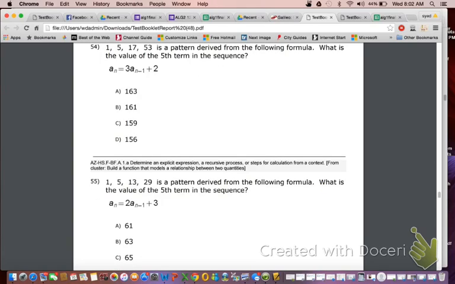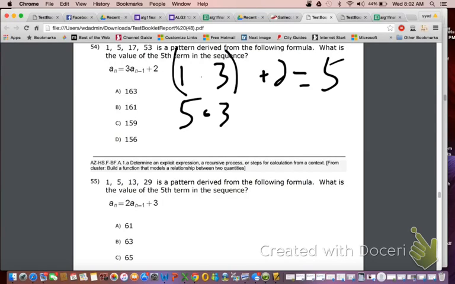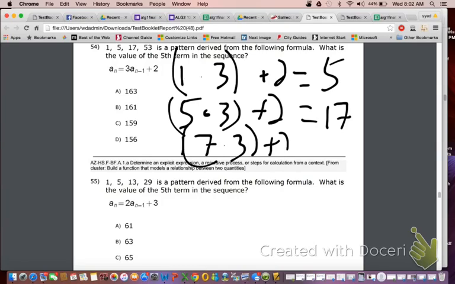Okay, now this is a fancy way of saying we take the term before it, multiply it by 3, and add 2. So look, 1 times 3 plus 2 equals 5. 5 times 3 plus 2 is 17. 17 times 3 plus 2 is 53.